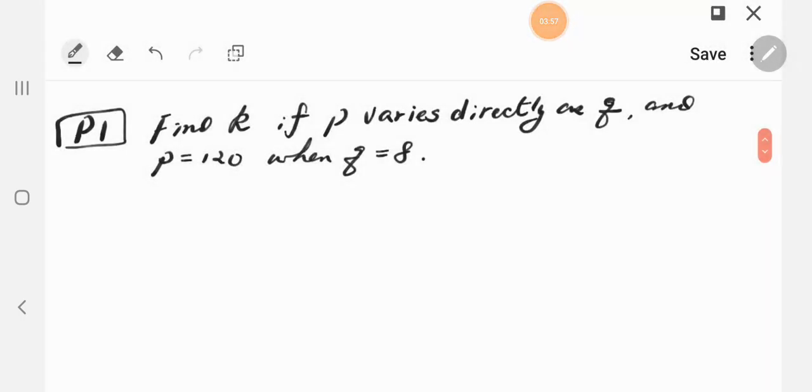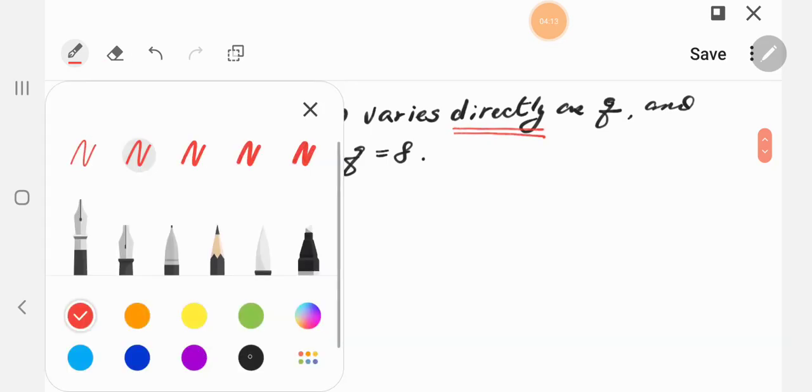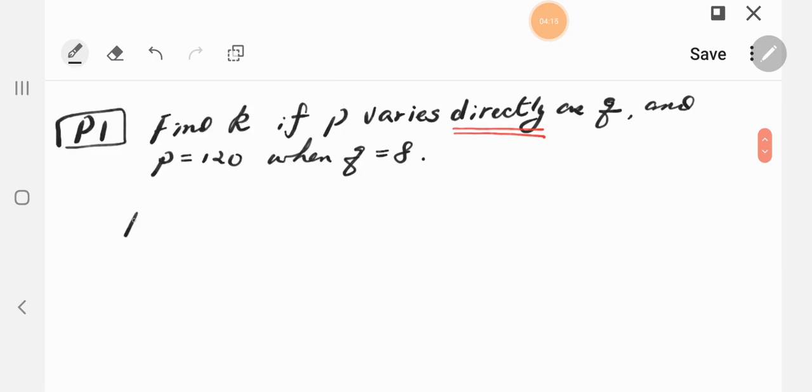Okay, for problem number 1, try this one. All right, find the constant of variation if p varies directly as q. So here is directly as q, so this is direct variation. So we can write an equation. P is equal to, direct variation, we gotta multiply k by q. So this is an equation, and let's find k. And the values of p and q are given.